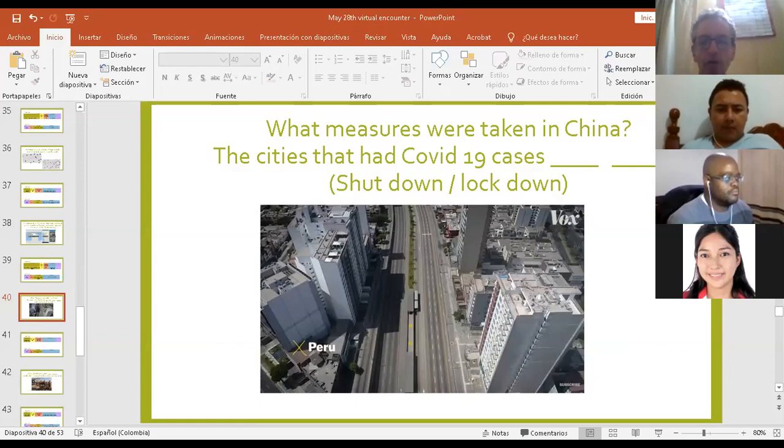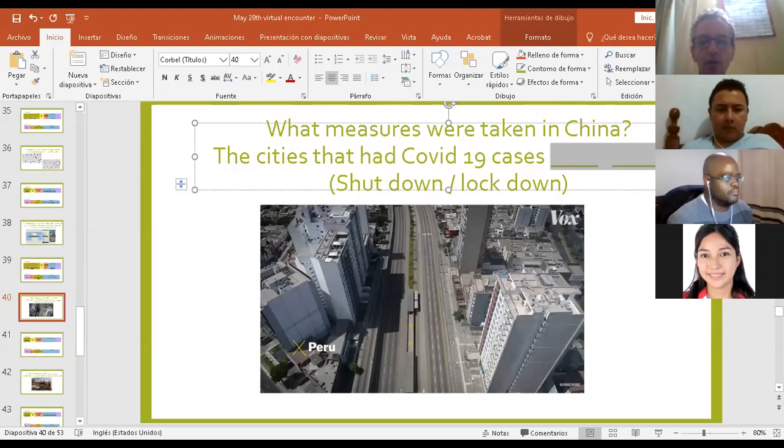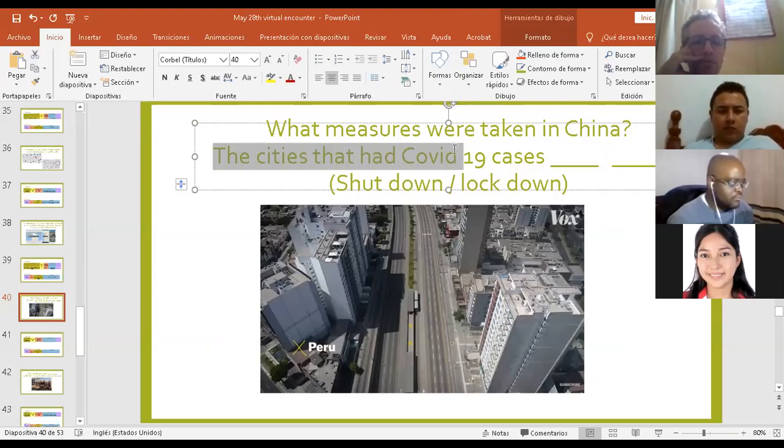It's missing something. What measures were taken in China? Remember the structure: the object, and then all this is the object of the sentence.